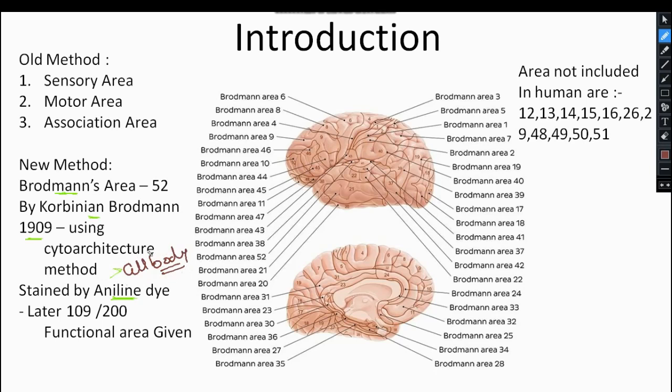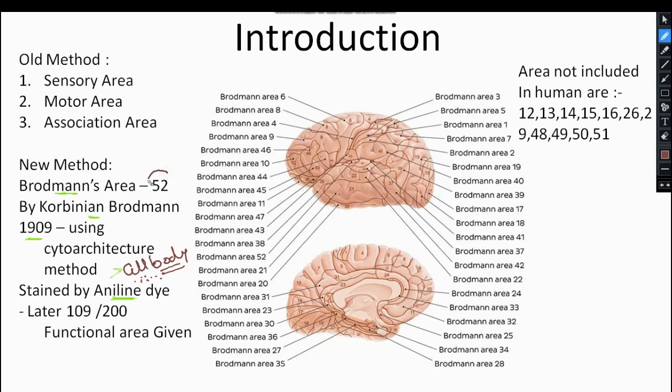In this cell body, the RNA gets stained with the aniline dye and gives a granulated appearance. Accordingly, the areas were correlated with the other areas, and this way he studied the human brain as well as the brain of the monkey and gave the different areas.